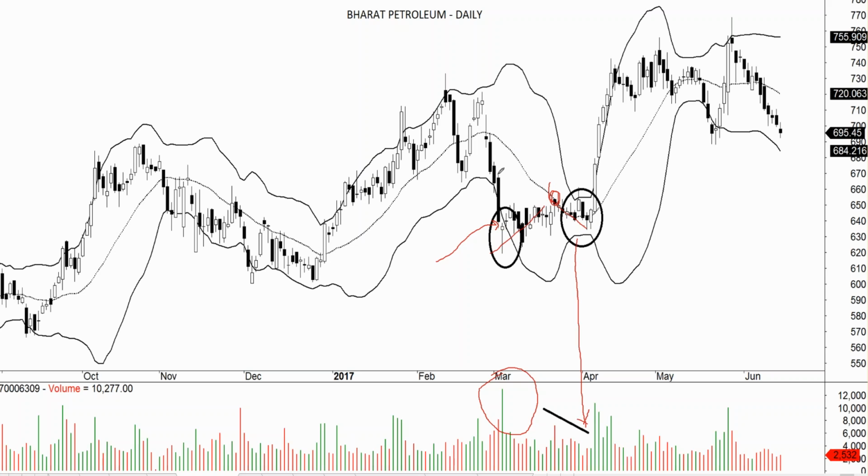That means the bears have lost almost every strength here, and then a substantial rally up. All right. So this is one setup.